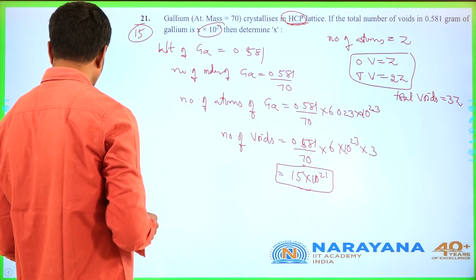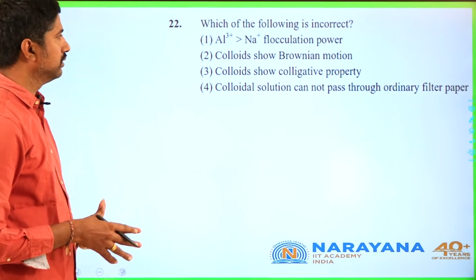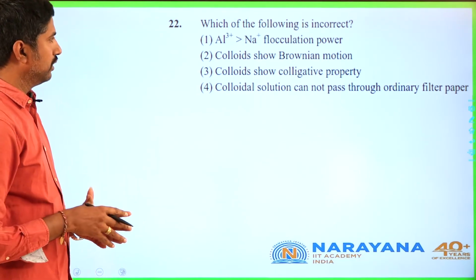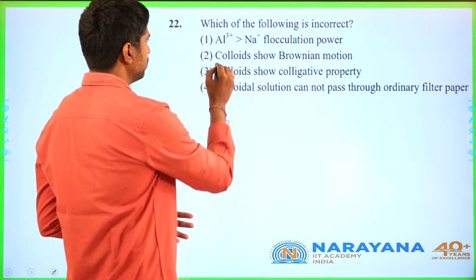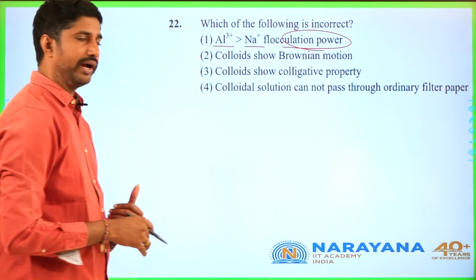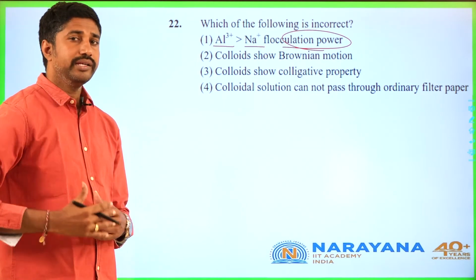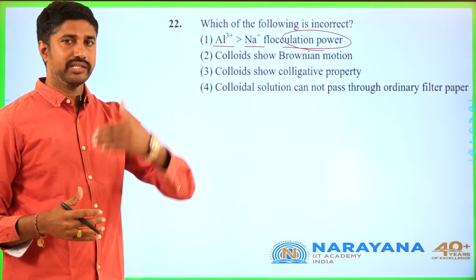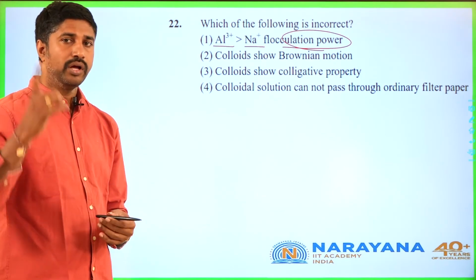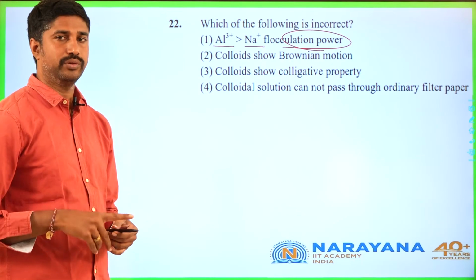And next, which of the following is an incorrect statement? The first statement: consider Al3+ and Na+ flocculation power or value. Power is maximum if charge is maximum, and the value is opposite to that.